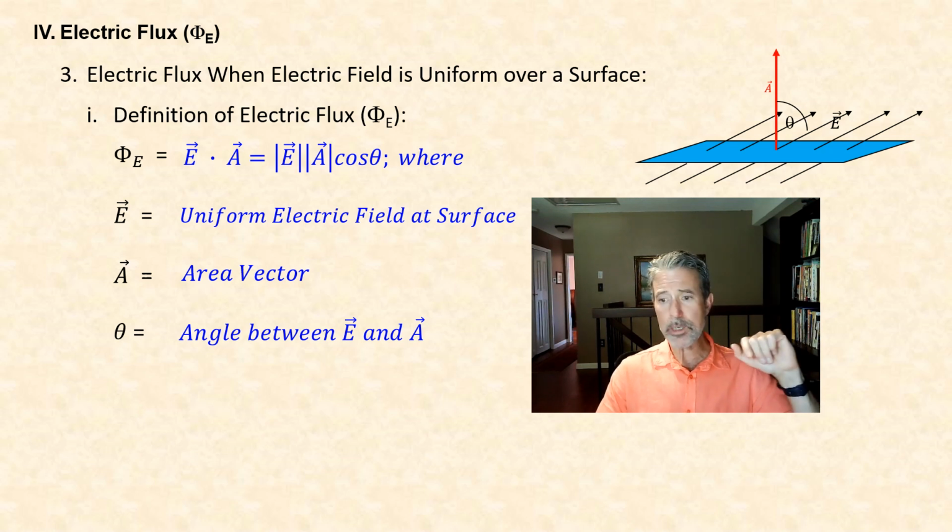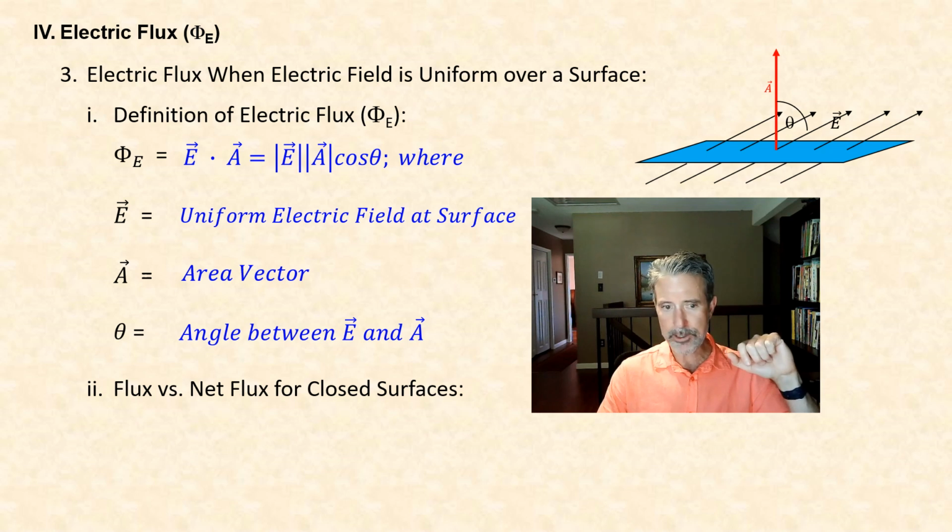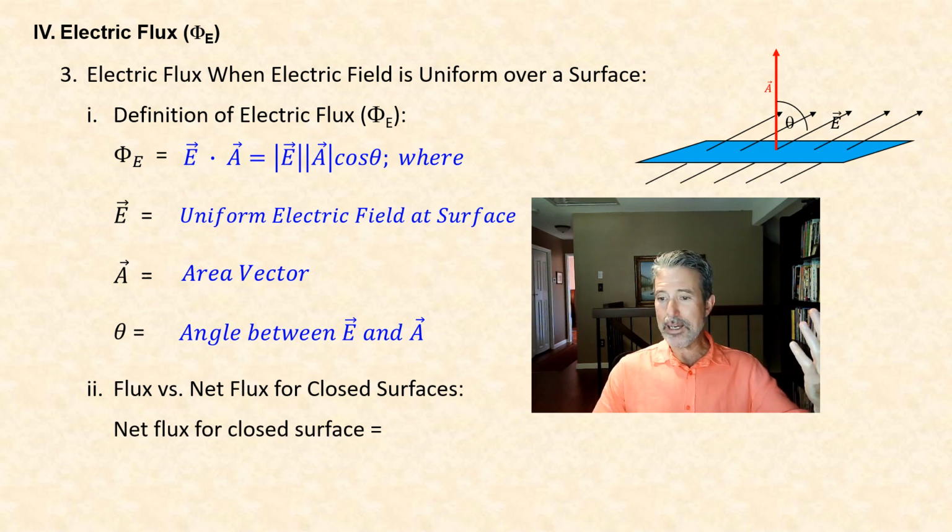One other thing we need to talk about that's very important is the concept of net flux. When we talk about the net flux through a closed surface, in the case I'm showing you here in the diagram, for this uniform electric field, the electric field lines go in a single direction and penetrate the surface in a single way.